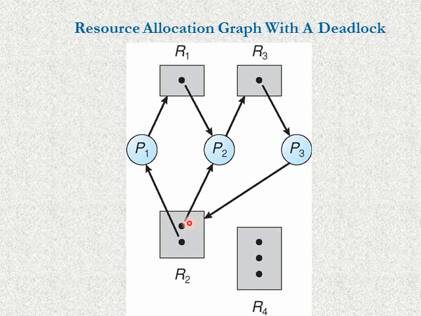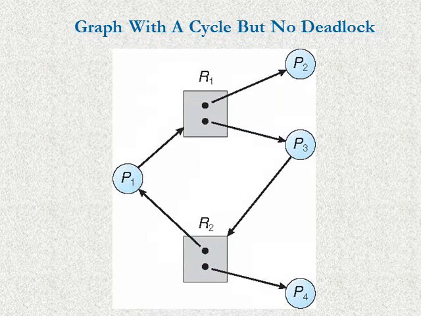The first one is R2, P2, R3, P3 and R2. The second cycle is R2, P1, R1, P2, R3, P3 and R2. So in the presence of both of these cycles, there is a deadlock in the system. Over here we have another example of a resource allocation graph with a cycle.